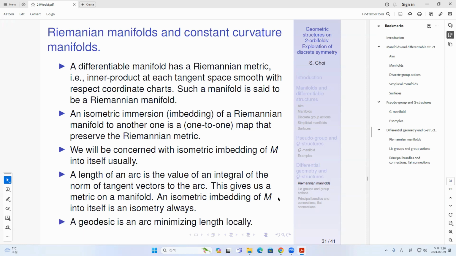But sometimes if you go to a different manifold, it may not be. But if you go to M itself, then it's the same. A geodesic is an arc minimizing the length locally. That's a different definition from what you learn in Riemannian geometry, but it's another sort of definition.